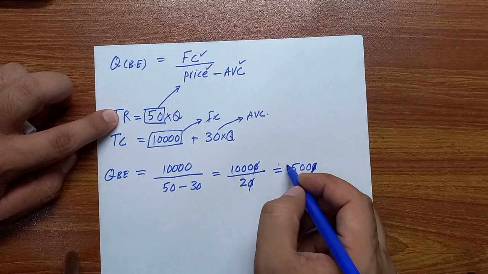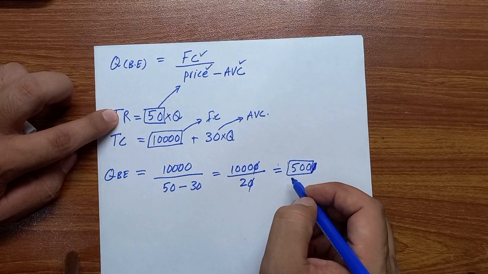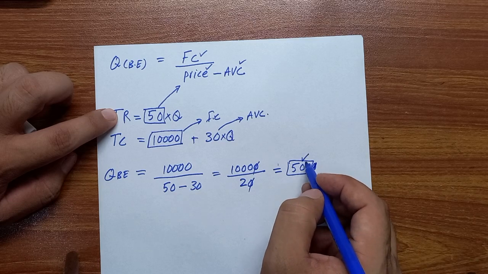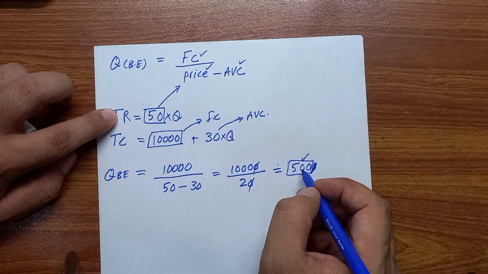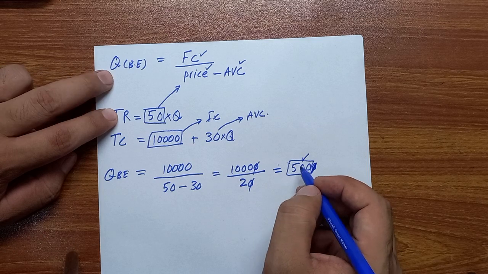So this is our break-even point. This number of units we will sell to achieve the break-even point.